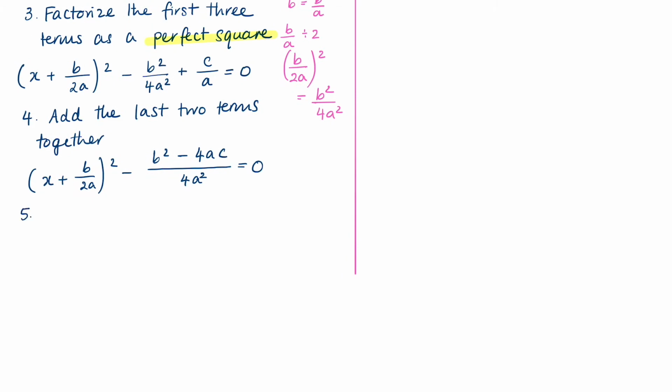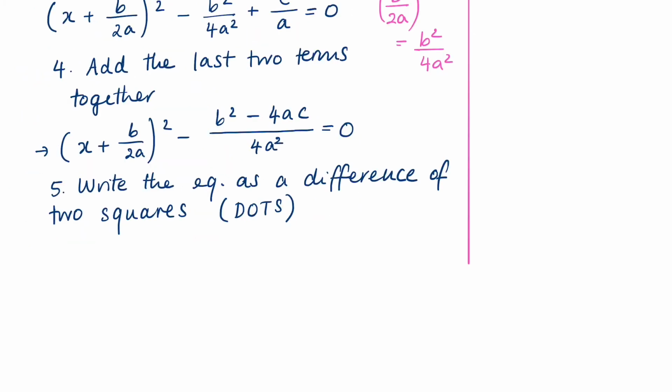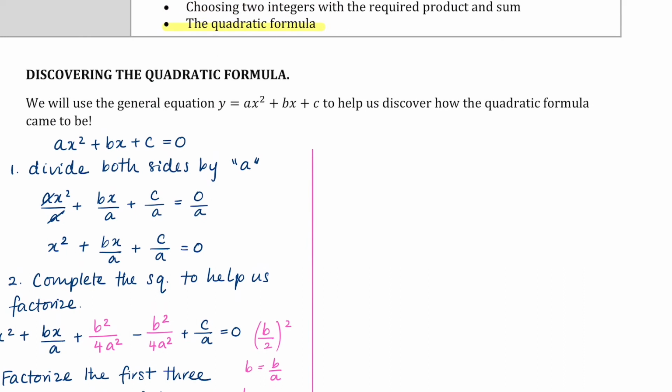So I'm going to rewrite the equation in step 4 as a difference of 2 squares. We're going to factorize using the difference of squares rule.